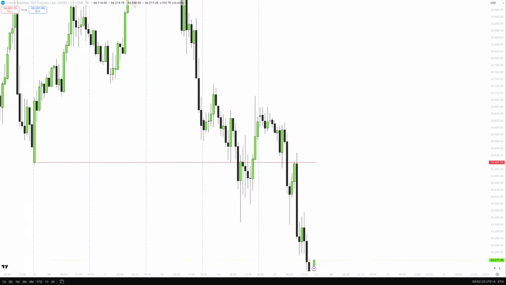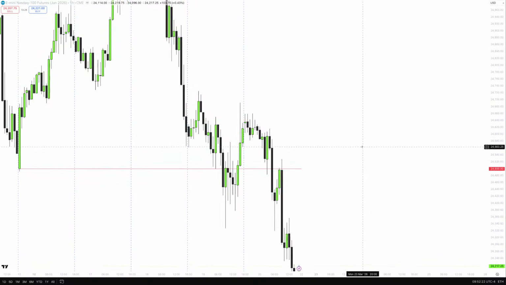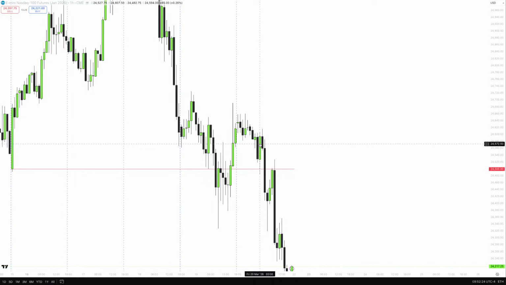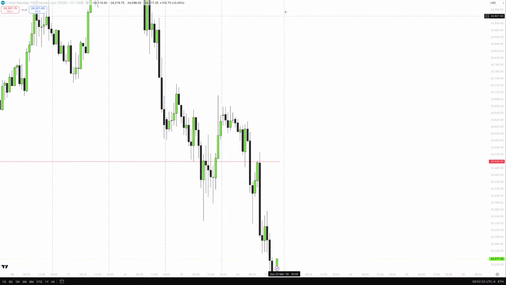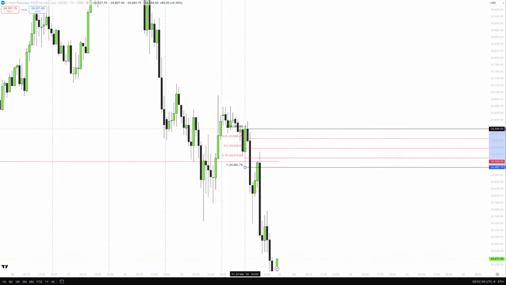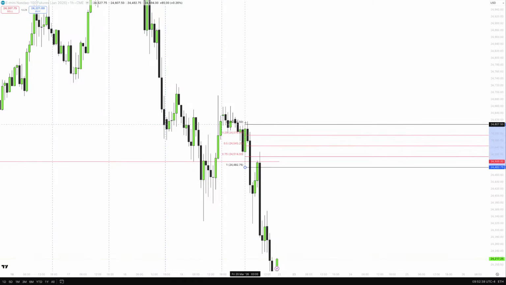Another example would be an order block. Let's say this one right here. This is formed at 3 a.m. So also an IPTA time, because it adds up to 3, 6, or 9.